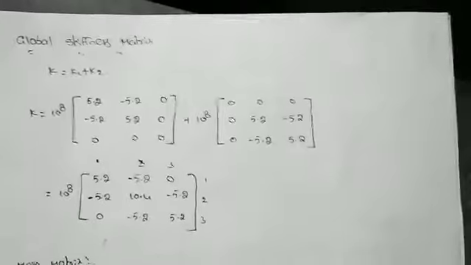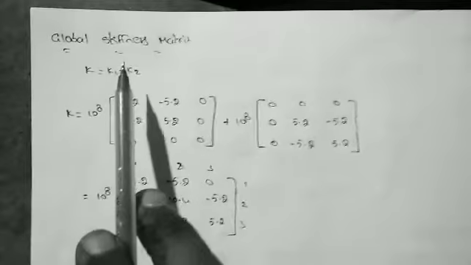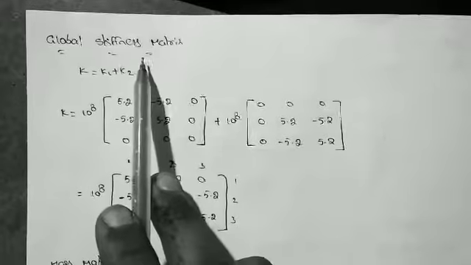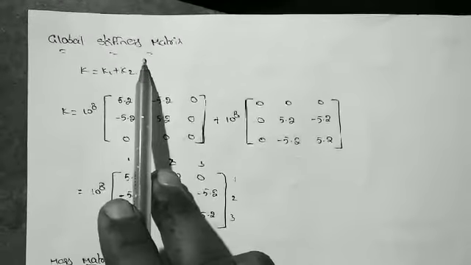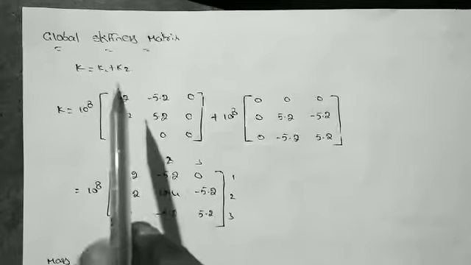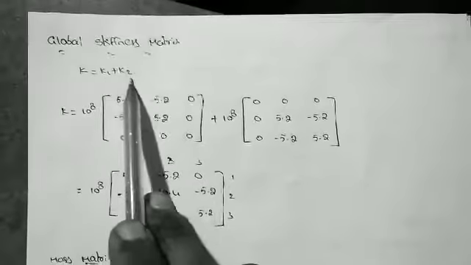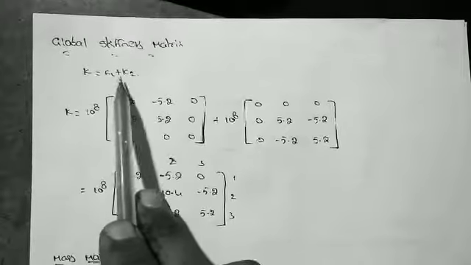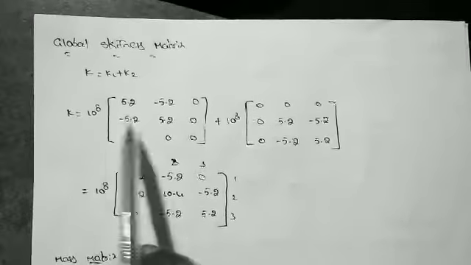After finding the k1 and k2 matrices for each element, you have to find the global stiffness matrix. Global stiffness matrix means combining or assembling the individual matrices of each element. Here K equals k1 plus k2, since only two elements are there in this problem. This is the k1 matrix and this is the k2 matrix.